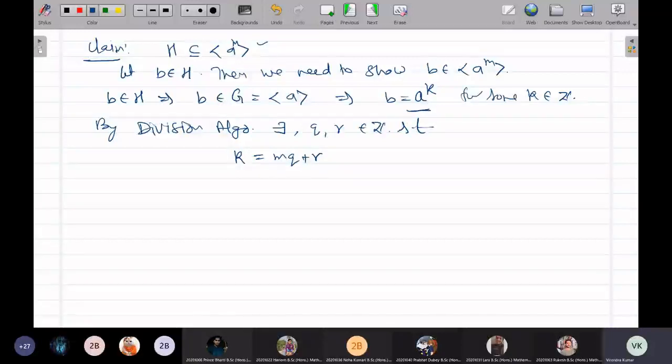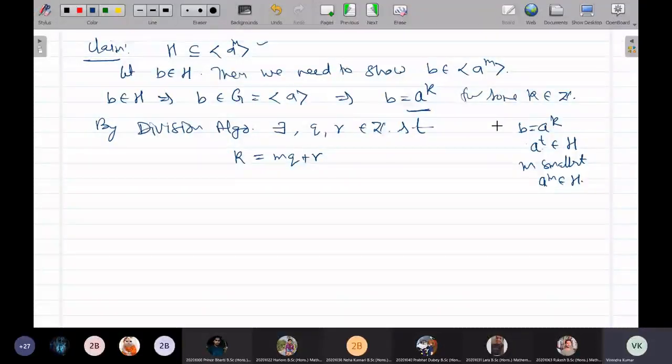Fine. This is because B is of the form A to the power K. B equals A to the power K, and H contains elements of the form like this. Okay, and we have taken M as the smallest such that A to the power M belongs to H. Okay, fine.